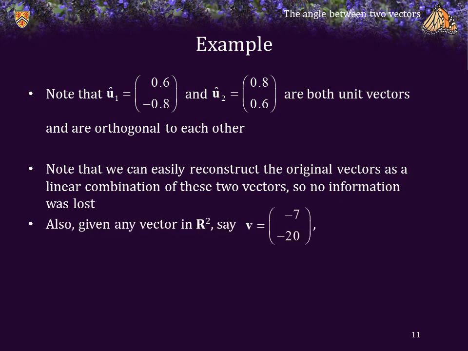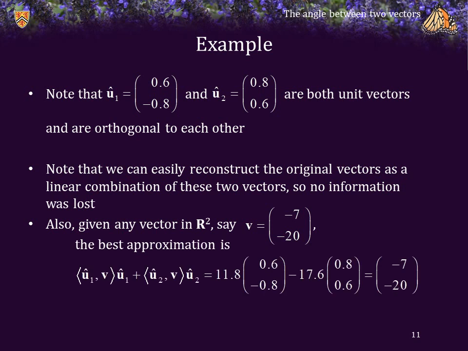Also, given any vector in R2, say for example the vector -7, -20, then we can find that the best approximation of -7, -20 is found by projecting this vector v onto u1 cap and adding to that the projection of v onto u2 cap, which gives us this linear combination here, 11.8 times the first one minus 17.6 times the second one, and that gives us -7, -20.